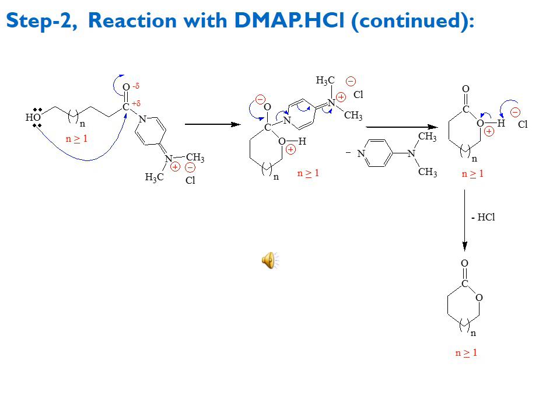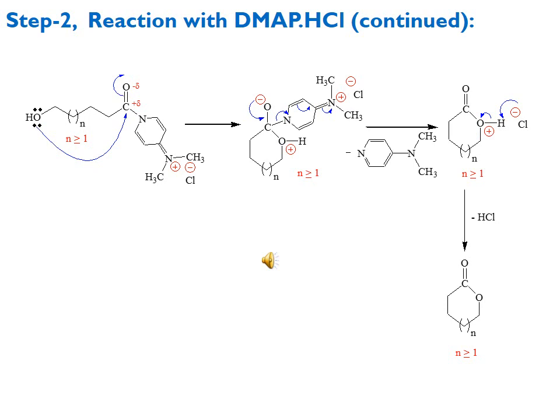When this oxygen comes back, the C single bond N is broken, which moves towards the nitrogen, making a double bond, and then the double bond between carbon number 2 and 3 moves towards carbon number 3 and 4. The double bond between carbon number 4 and nitrogen now becomes single, and we get the neutral dimethylaminopyridine as a byproduct, and the lactone functionality, in which the hydroxy is protonated, and this proton is removed by the chloride ion present there, and we get the neutral lactone after removal of an HCl molecule.